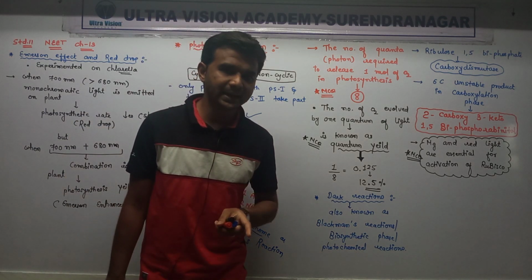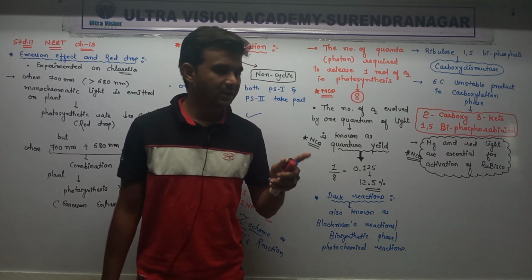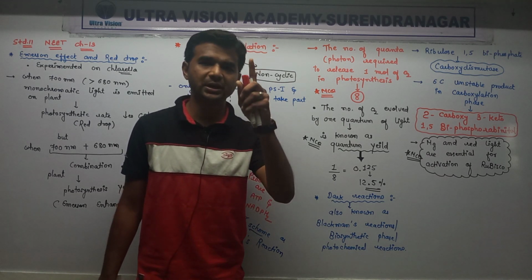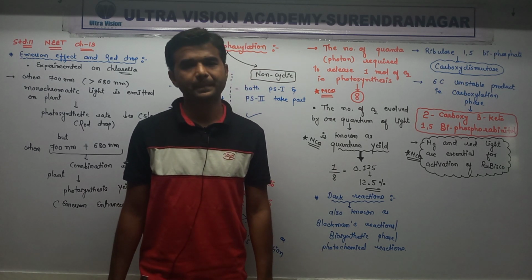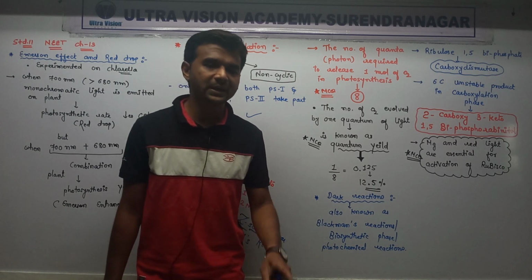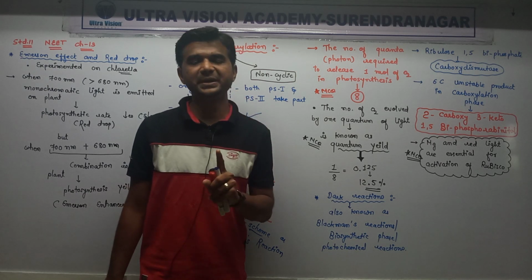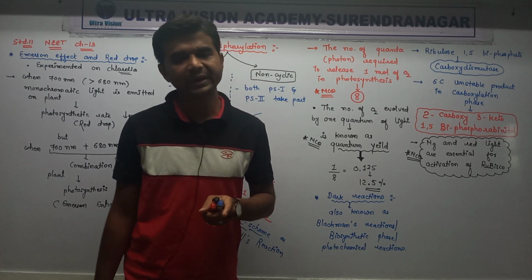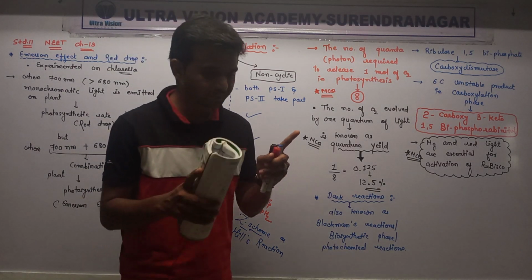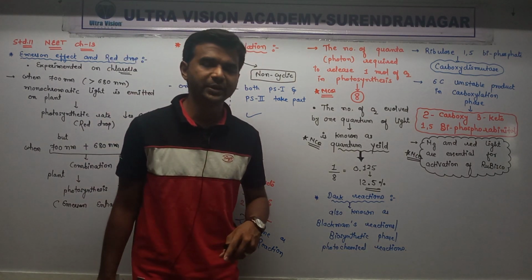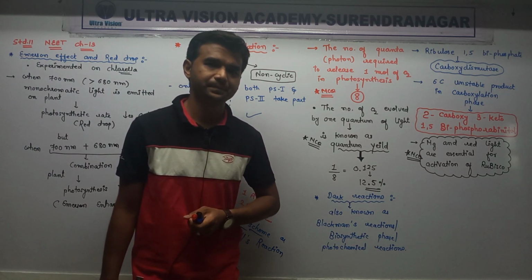Okay, first let me clear this. These 2 PGAL molecules undergo the reverse glycolysis process. Out of the 2 PGAL, 1 PGAL is converted into its isomer, that is DHAP. So PGAL and DHAP both are joined together and form fructose 1,6-biphosphate.